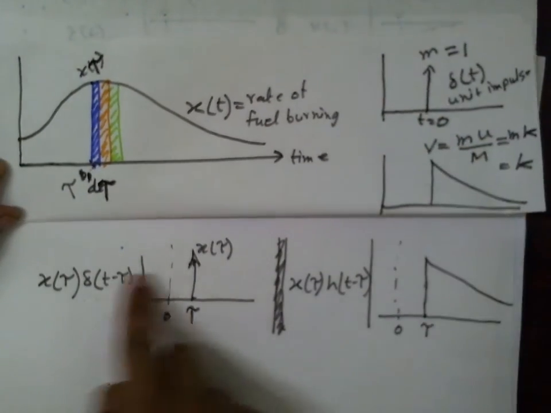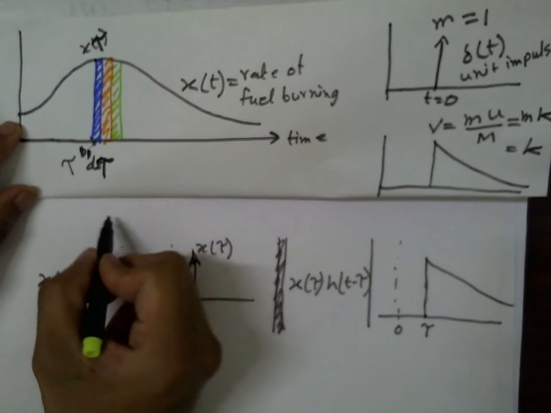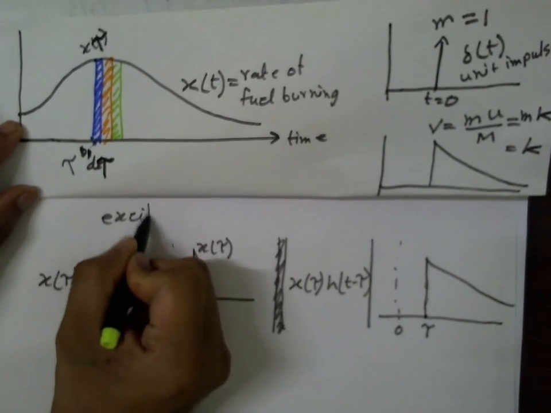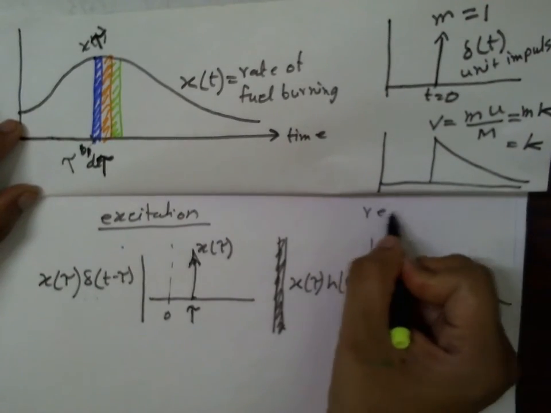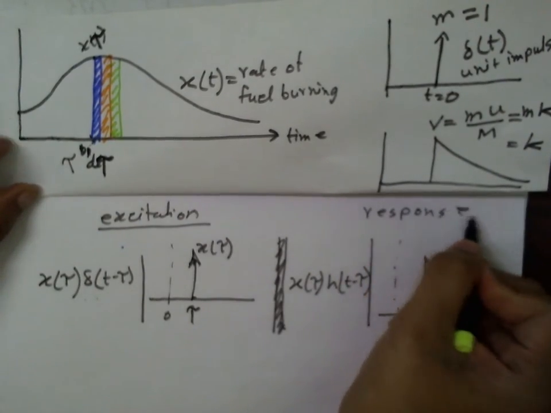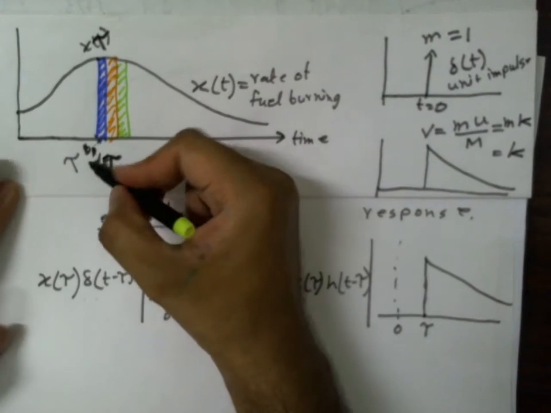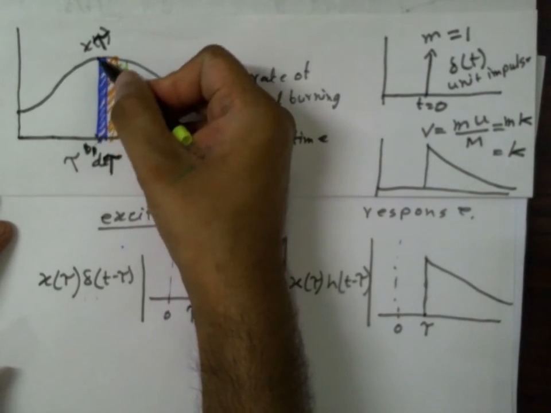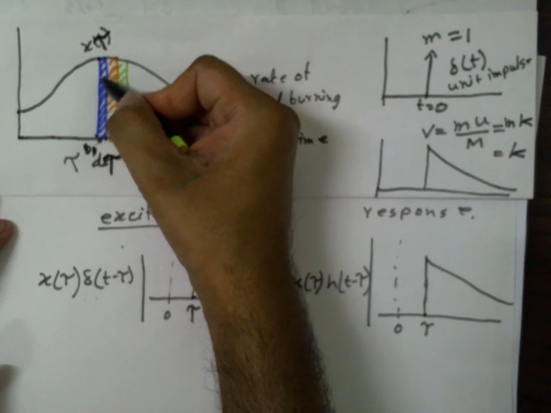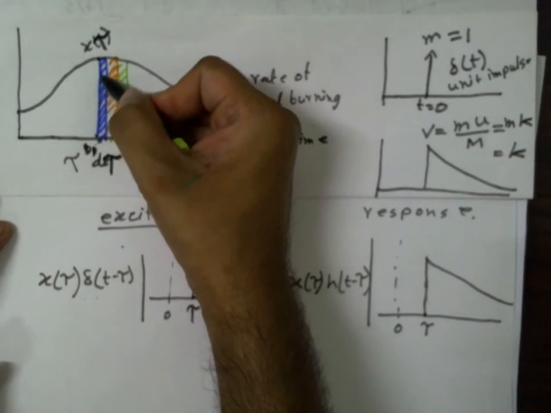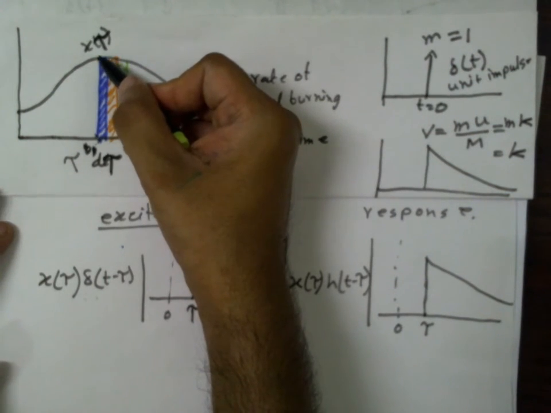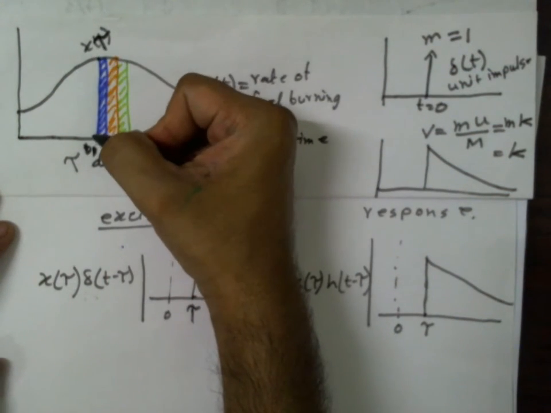So this is my table, excitation versus response. Here I see that if I have an excitation of x tau times delta tau, because this is the area under the curve, this is equivalent to an impulse function with value x tau delta tau, right?